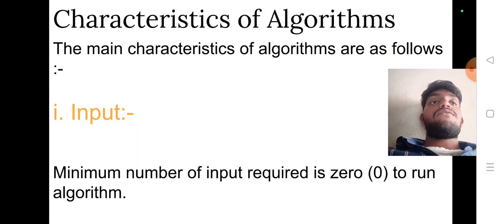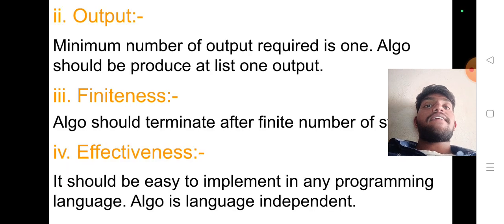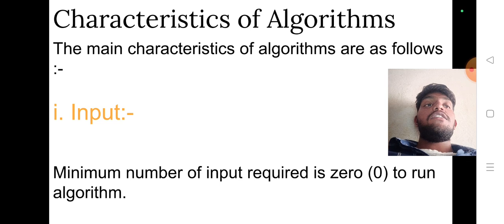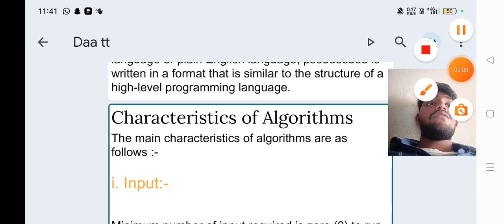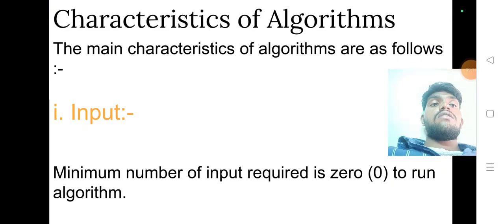Characteristics of algorithm. The main characteristics of an algorithm are as follows: input, output, finiteness, effectiveness, definiteness. Input: the minimum number of inputs required is 0 to run an algorithm.